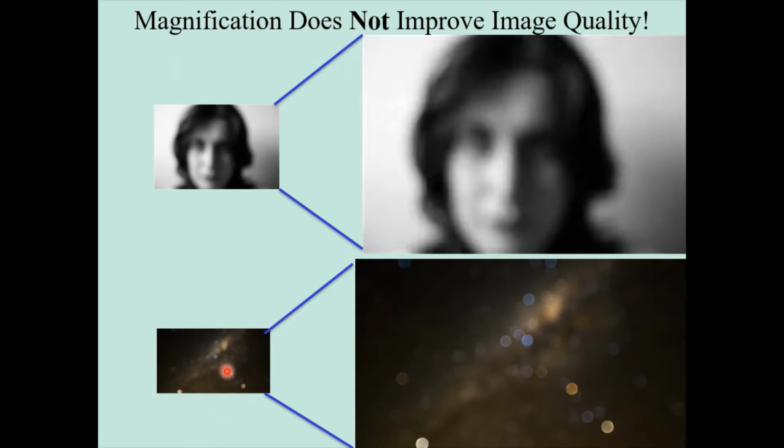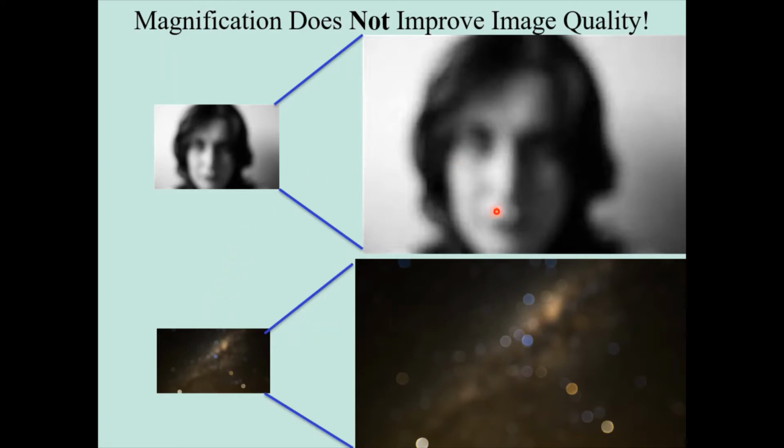Notice it's blurry and out of focus. If we zoom in on this picture, it looks even worse, right? All the resolution is just not there. So magnification is not really that important. What's more important is how high of a quality the original image is, and that will be determined by the resolving power and the light gathering power of the telescope.